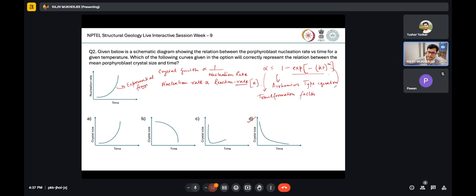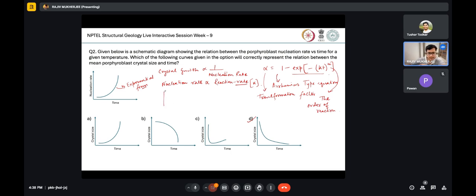And M is the order of reaction. It can be first order, second order, third order.